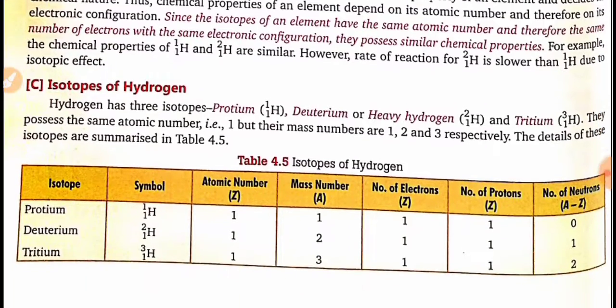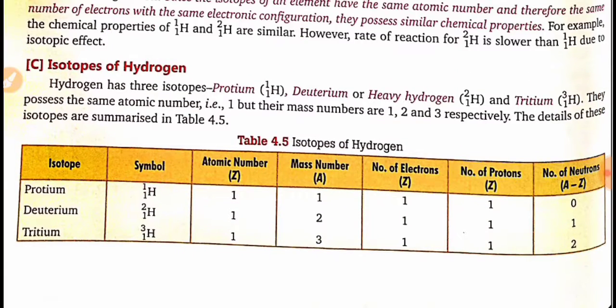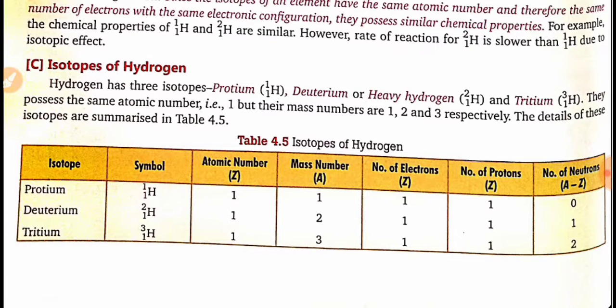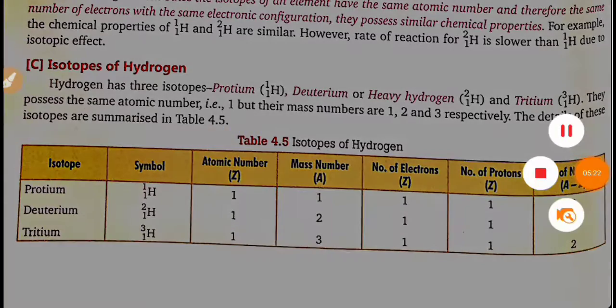Now we understand about the isotopes of hydrogen. Hydrogen has three isotopes: protium, deuterium, and tritium. Protium's formula is 1H1, deuterium's formula is 1H2, and tritium's formula is 1H3.